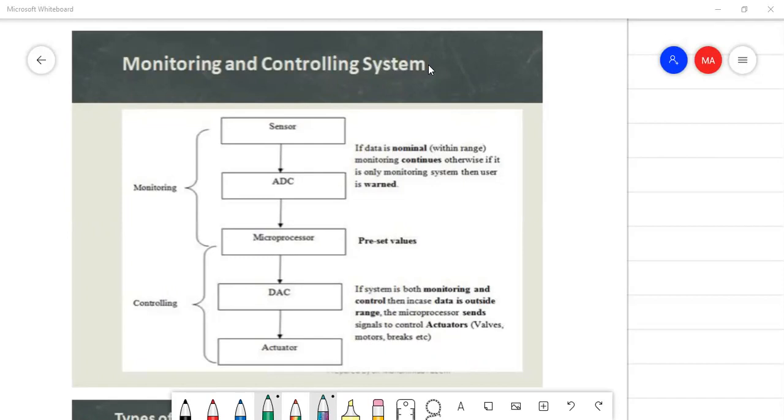After that, the microprocessor receives the signal from the sensor. It compares the received signal value with the value already stored in its memory, that is ROM.